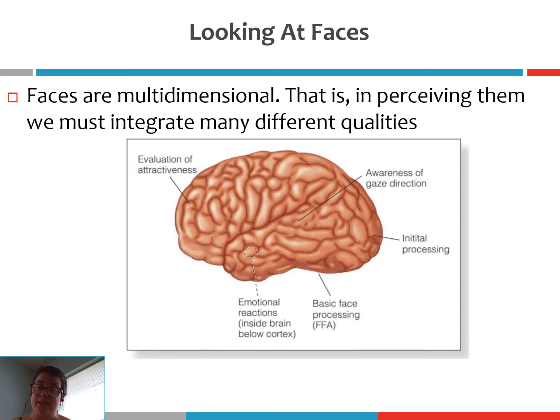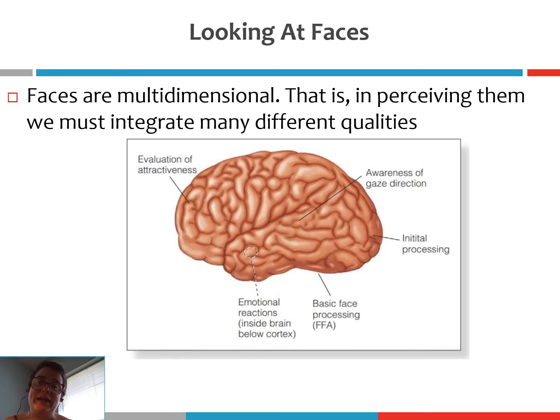But what's relevant to consider in this case is the fact that facial processing is going to require a lot more than simply recognizing that the random blob in front of you is a face, right?